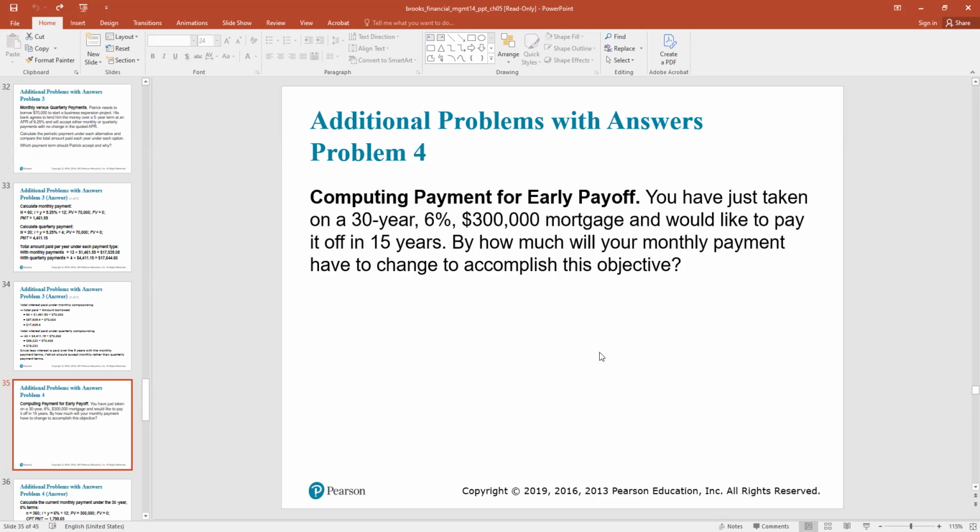Very good question. By how much will your monthly payment have to change to accomplish these objectives? First, you calculate your total payments with the given conditions, and then what will happen with another given condition. So you basically need to calculate two different total payments.